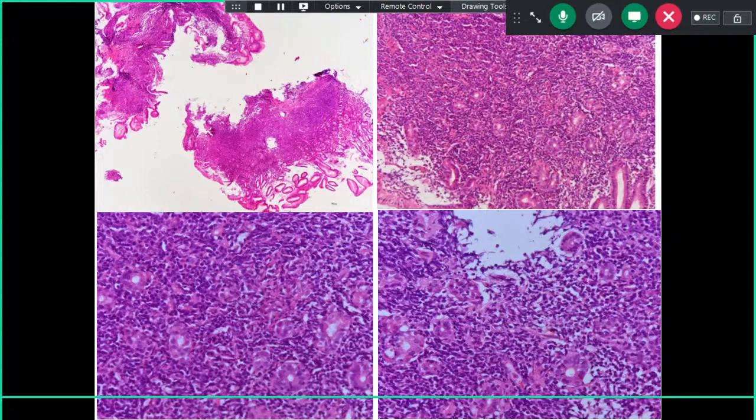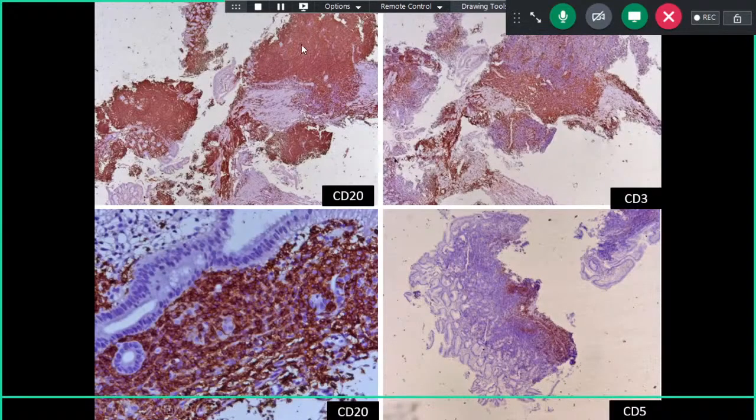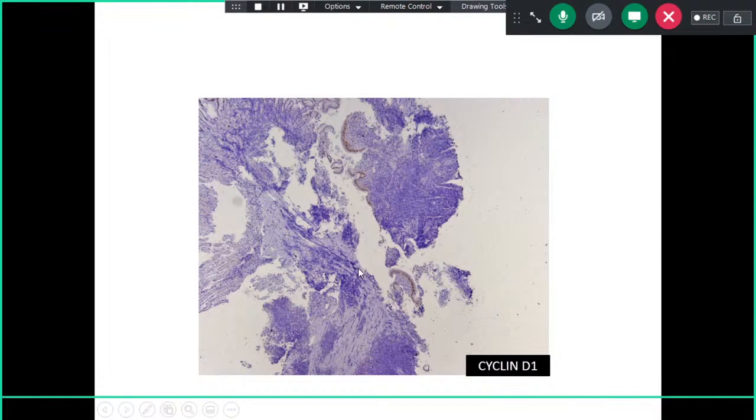It causes destruction of the submucosa with the presence of lymphoepithelial lesions and sheets of small mature lymphocytes. CD20 again positive, CD3 negative. This is a higher power, you can see. This is one lymphoepithelial lesion which is very clearly visible. This is a gland which is partially destroyed by these lymphocytes. CD5 negative, cyclin D1 negative.